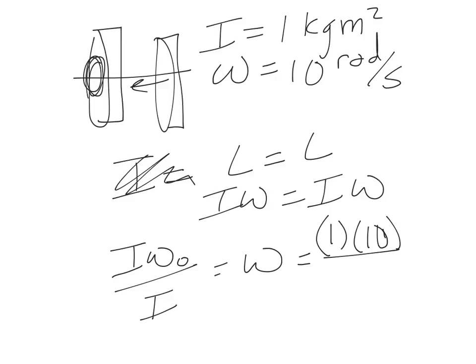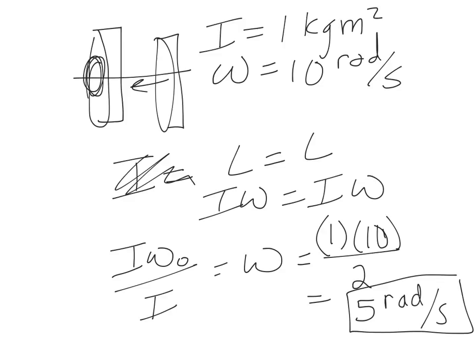All the mass is still located at a uniform distance from the axis of rotation, but now what's going to be different is just going to be double the amount of mass. So if we have double the mass, we should have double the moment of inertia, and so that should be divided by 2. And so that would be 10 divided by 2, which is 5, and the units here are radians per second. We're looking at the speed.